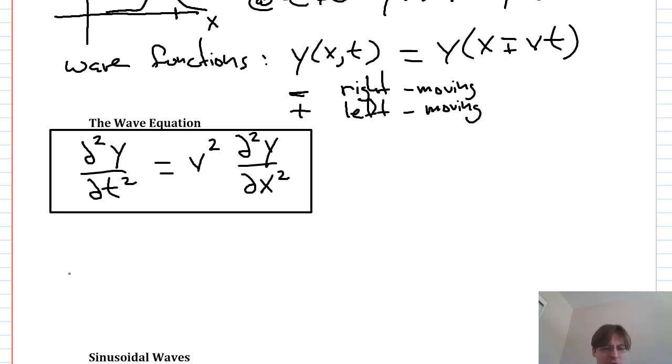So mass times acceleration, actually it'll be the mass density, not m, but mu. Mu is the mass per meter on the string. Mu is the linear mass density, measured in kilograms per meter.